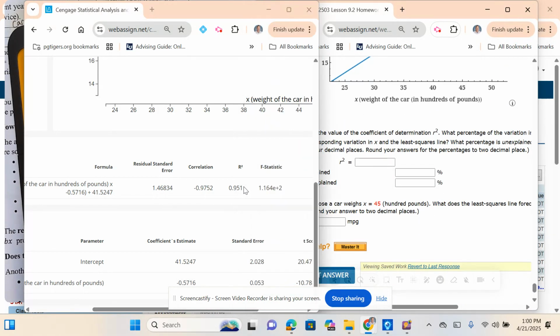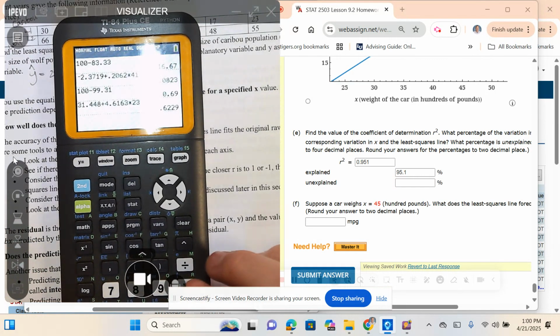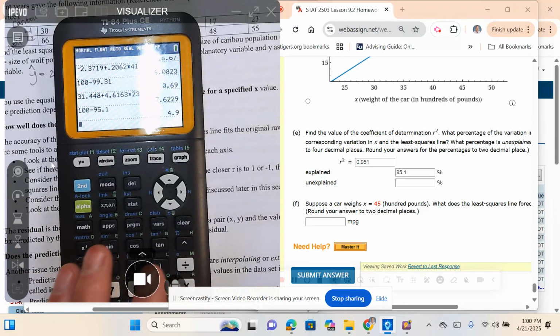R squared is 0.951 for me, so I'll paste it. Move the decimal over 2 spots: 95.1% is explained. What is unexplained? 100 minus 95.1, 4.9.